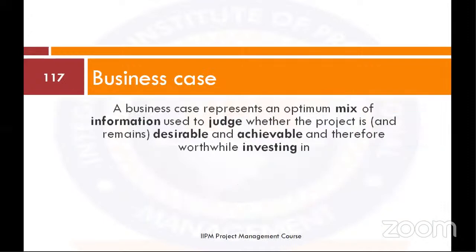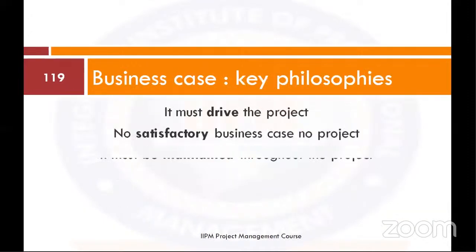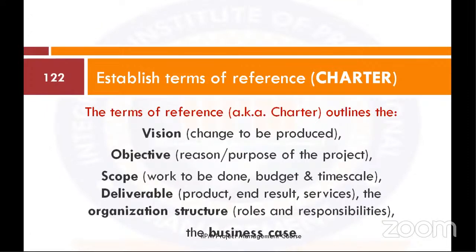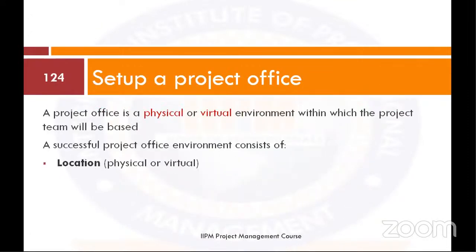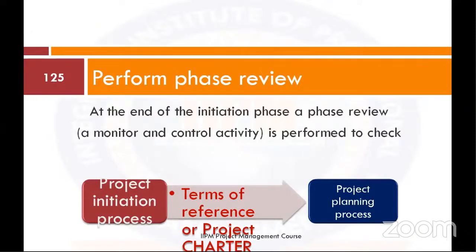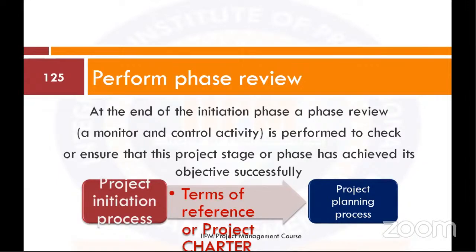Then if it is approved, you move to the next phase. At the end of the initiation phase, a phase review or monitor and control activities are performed to ensure that this project stage or phase has achieved its objective successfully.